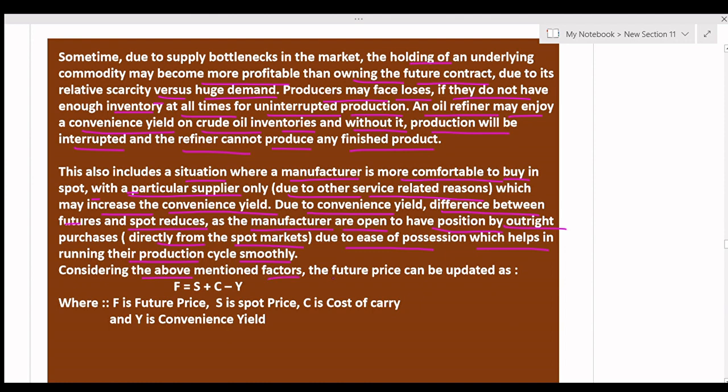Considering the above mentioned factors, the future price can be updated as F = S + C − Y, where F is the future price, S is the spot price, C is the cost of carry, and Y is the convenience yield.